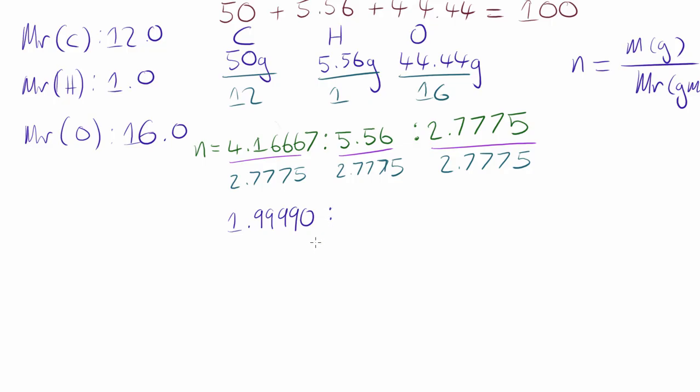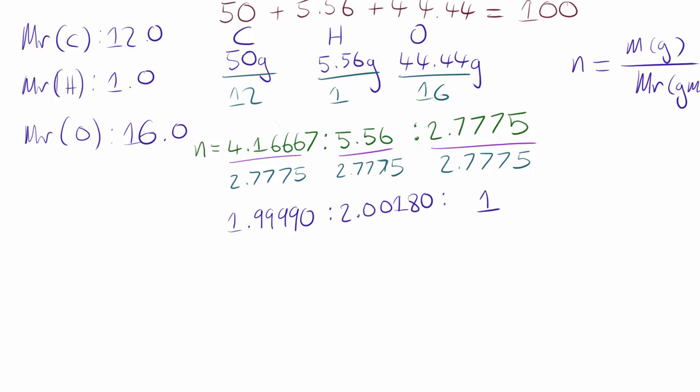And then for hydrogen, you should find you get 2.00180. And in the oxygen case, we're dividing the same thing by itself, so we're just going to get 1.